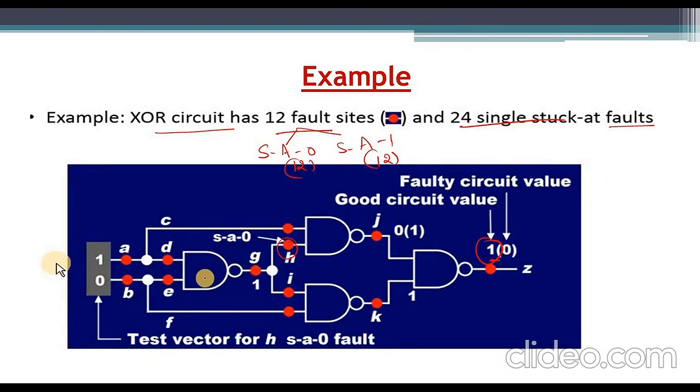If there is a stuck 0 fault at node H, we can observe 0 in the output. So initially if there is no fault we get 1, but if there is a fault, the output changes to 0. That means for the faulty circuit the output is 0, and for the good circuit the output is 1. So if there are stuck at 0 and stuck at 1 faults, the output will differ according to the input combination. Fine.